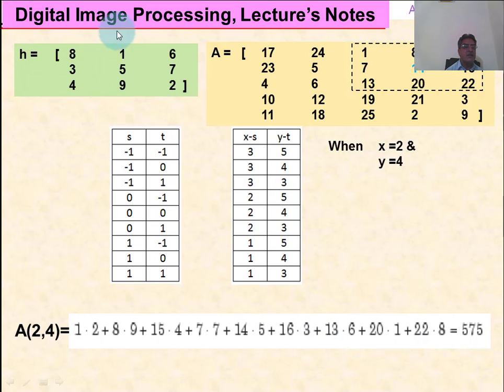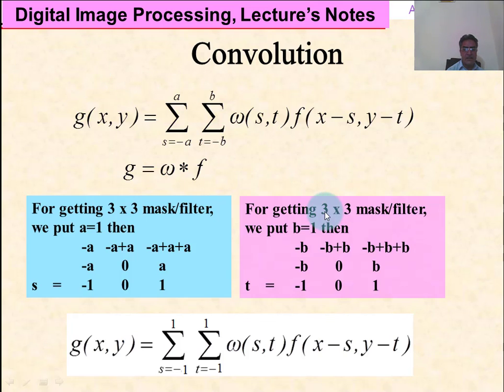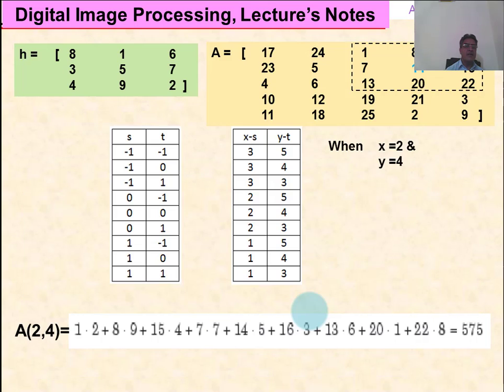This is the correlation kernel. We have not rotated this kernel at 180 degree, but the automatic operation which we have learned here will perform the same operation of rotation of the kernel at 180 degree, and we want to modify the a of 2,4 location of that input image.